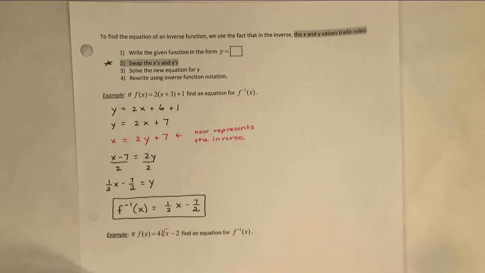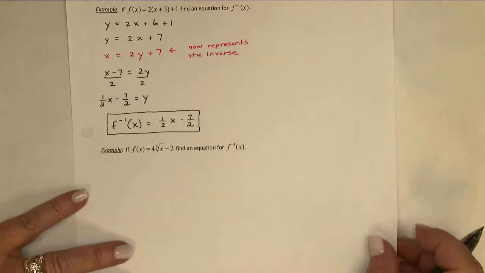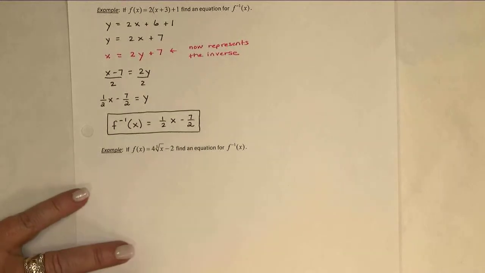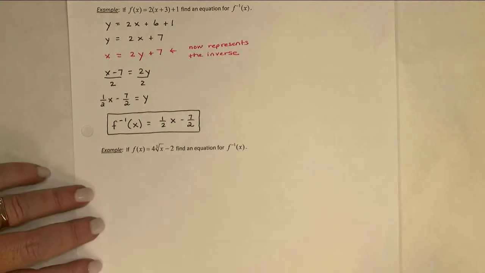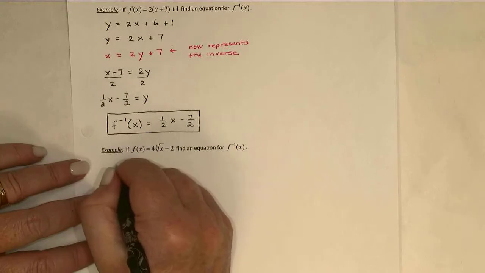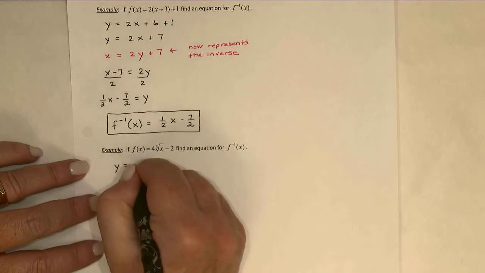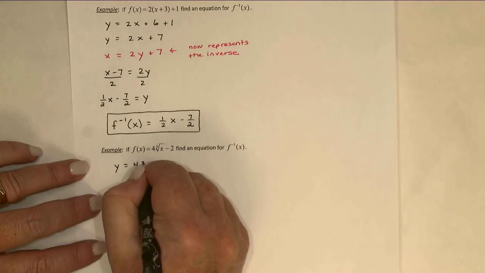All right, let's try that one more time. This time my original function is 4 times the cubed root of x minus 2. I want an equation for the inverse. So again, I'll start by just rewriting it in the y equals form.